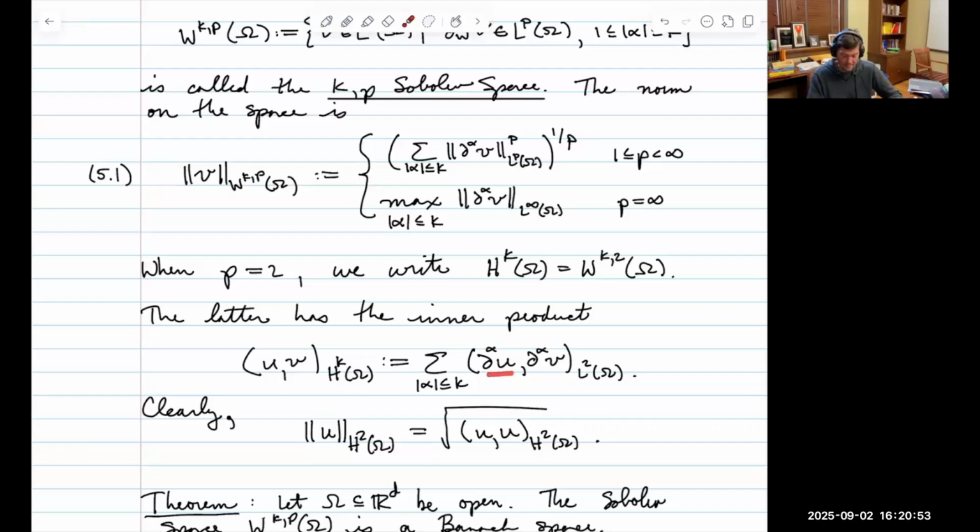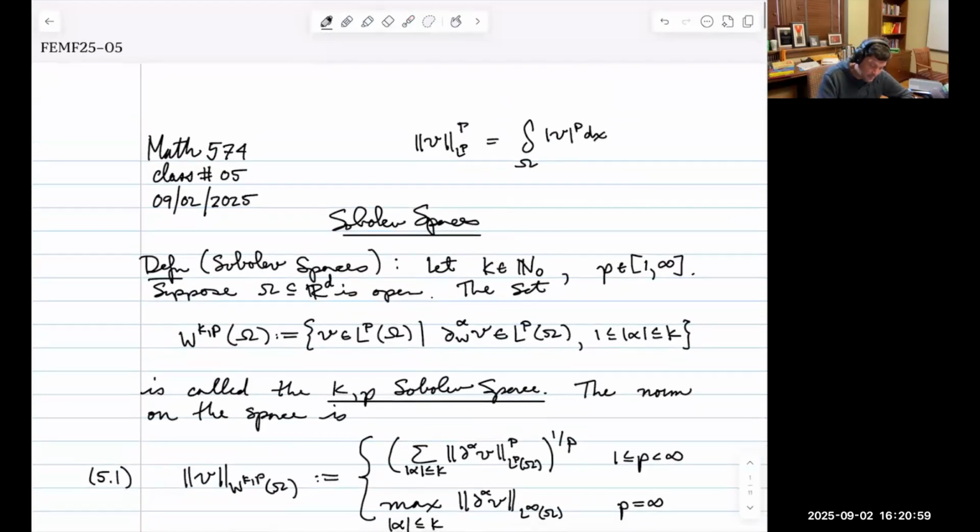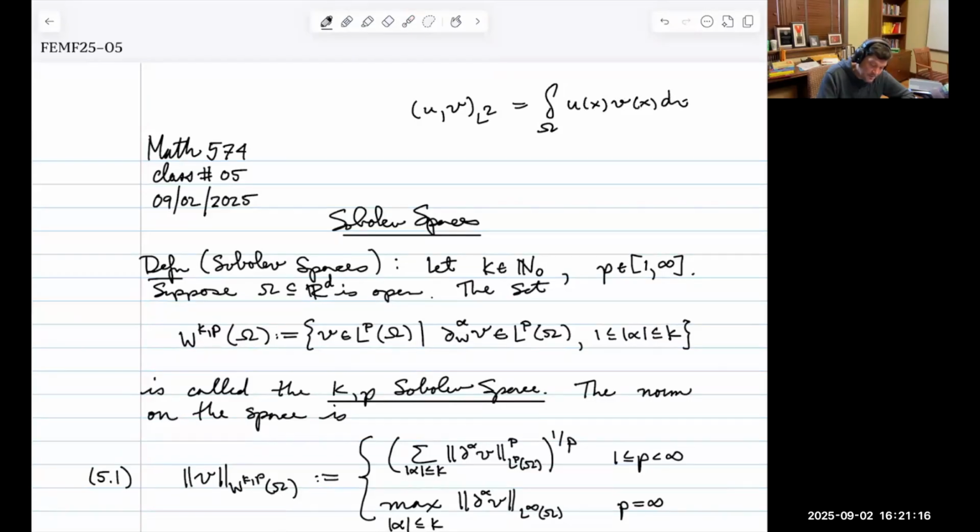So remember, what does the L2 inner product mean? Let's go back up here, L2 inner product, just to remind you, the inner product of u and v in L2, that's just going to be the integral over omega of u of x, v of x, dx. So whenever I take u in the first and second position, this becomes u squared.